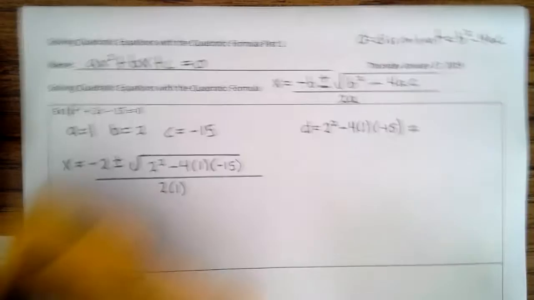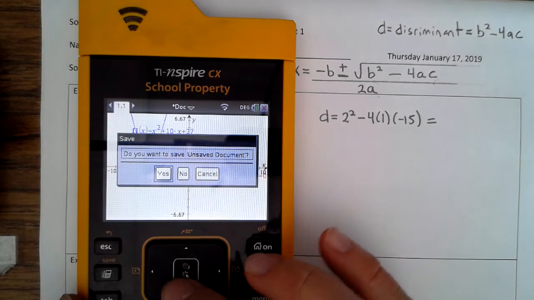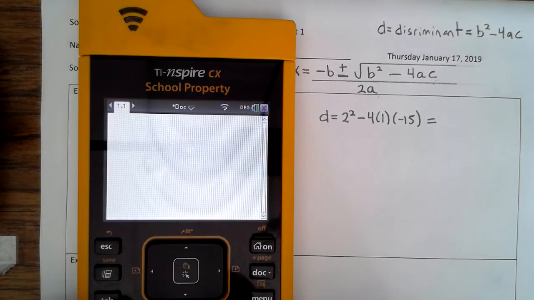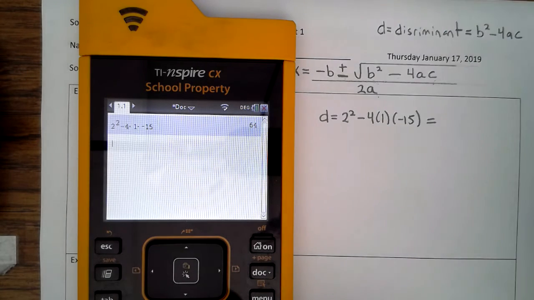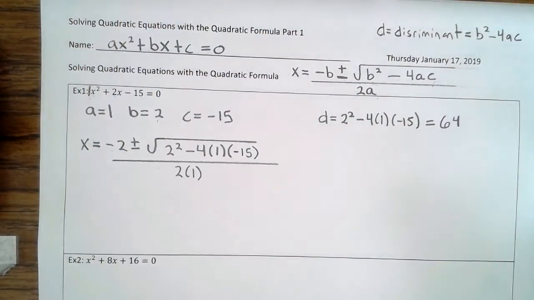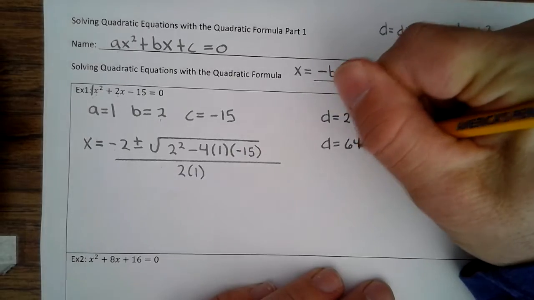Let's put that in the calculator. I'm going to go to on, new document, add calculator. So 2 squared minus 4 times 1 times negative 15 is 64. So the discriminant is 64.